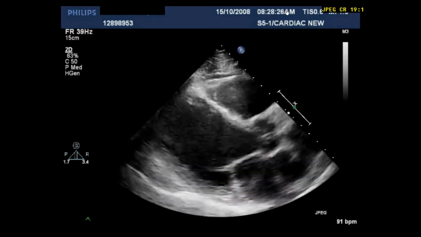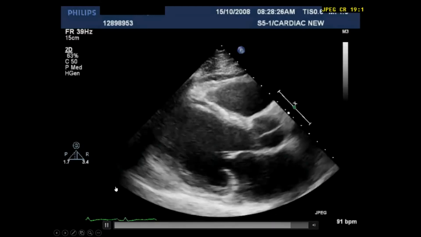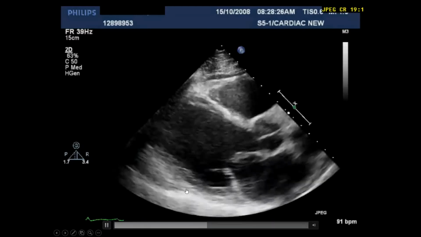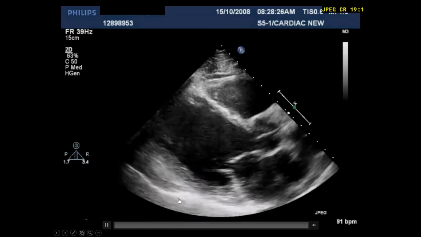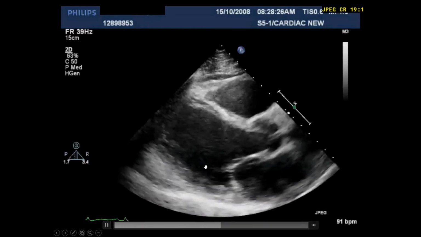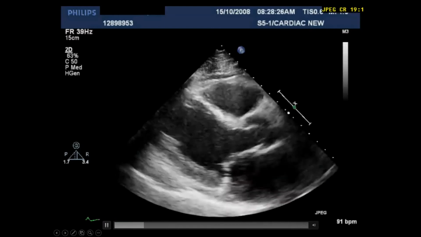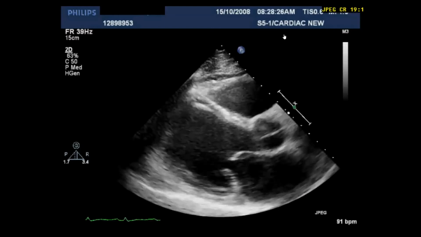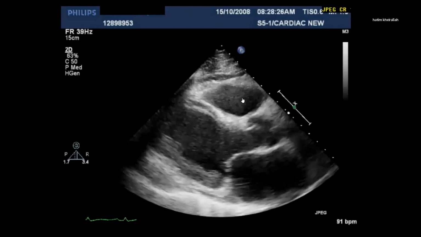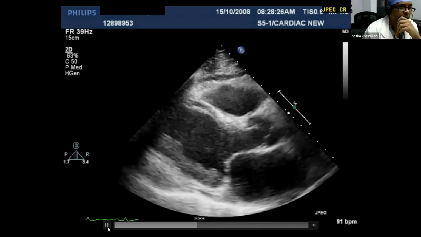Okay, which wall is hypokinetic or akinetic? The posterior wall. Oh, inferior. Look at it again. Sorry, I'm going to move it again.